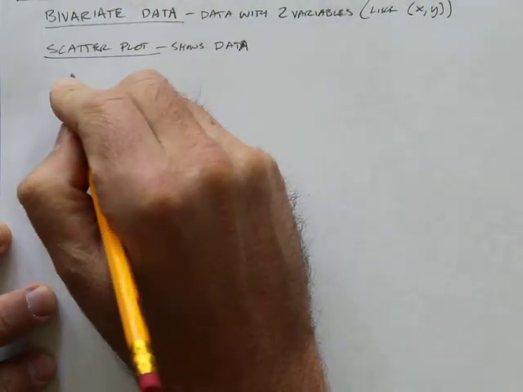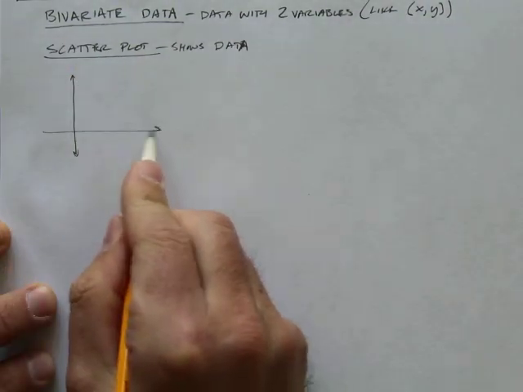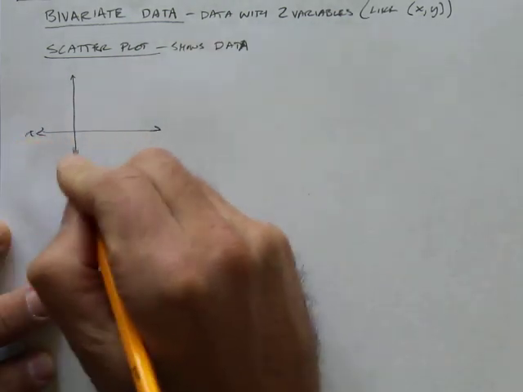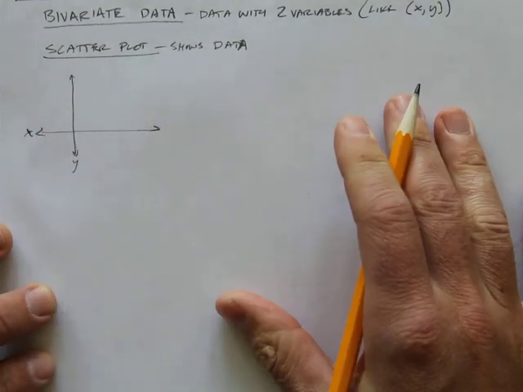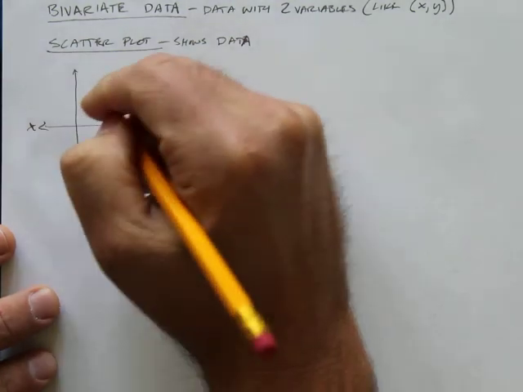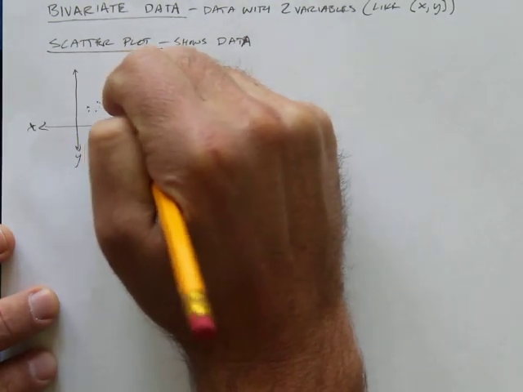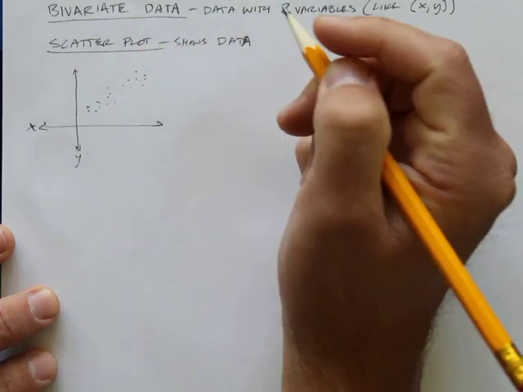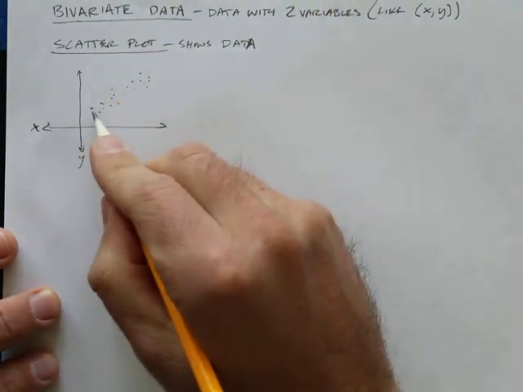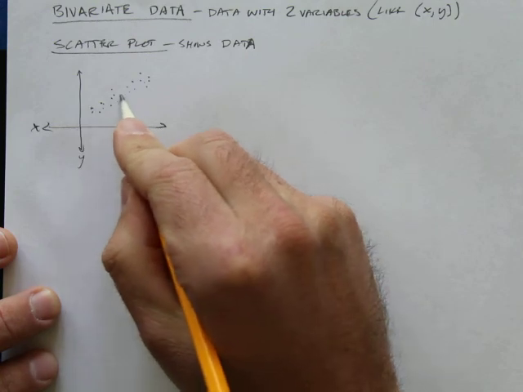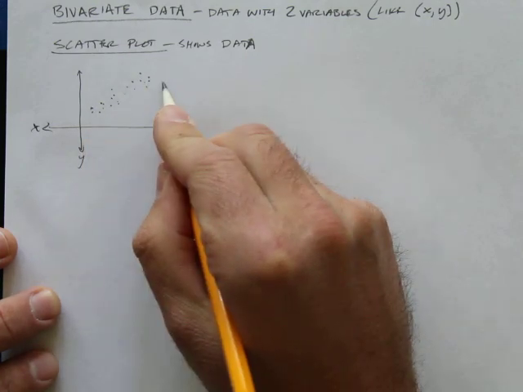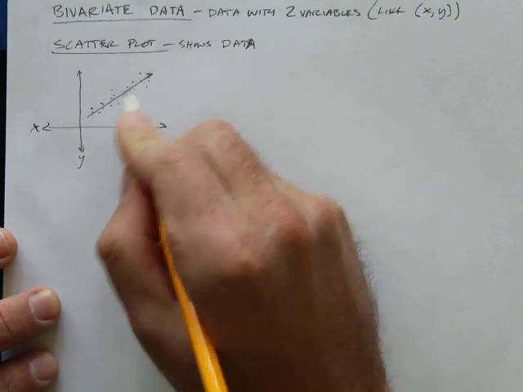So usually we have an x and y axis, and we have a bunch of data. We'll say that we have these points that kind of go like this. And so we can see that the data tends to go this direction from left to right. It goes up like that.